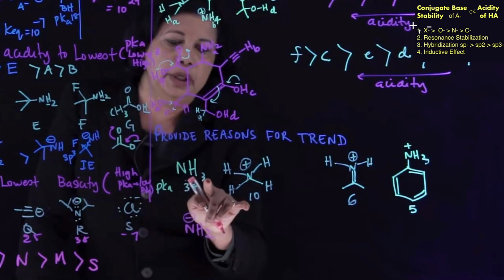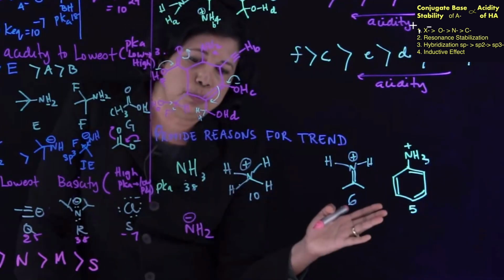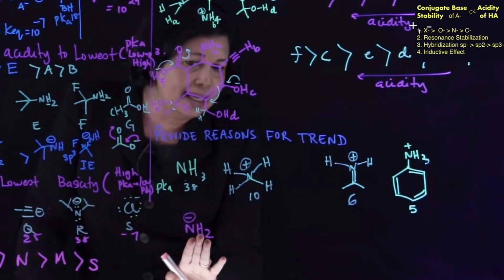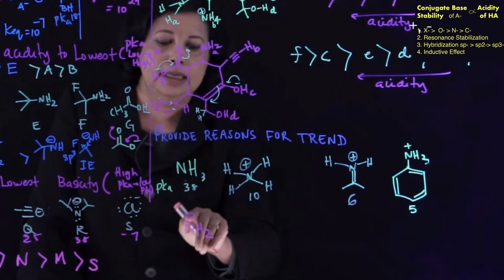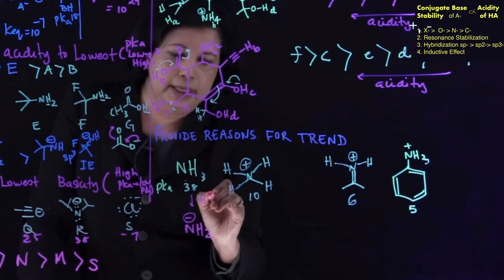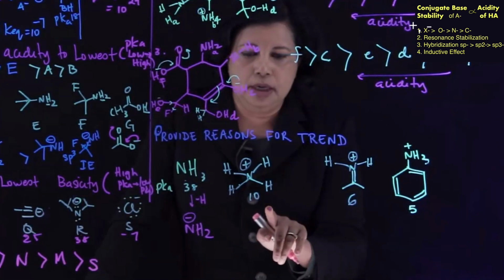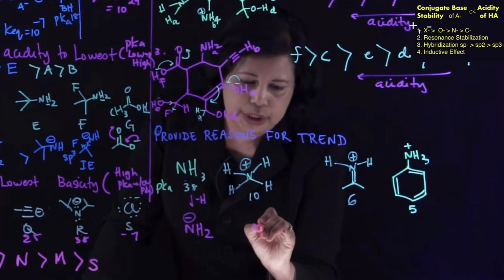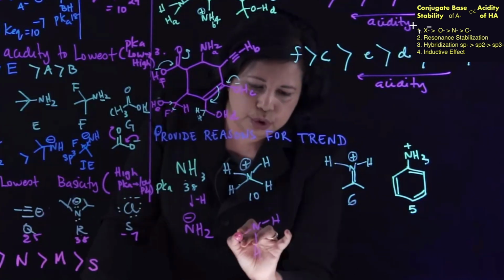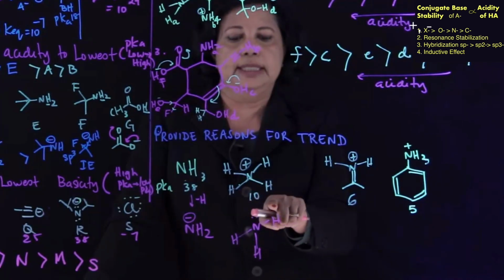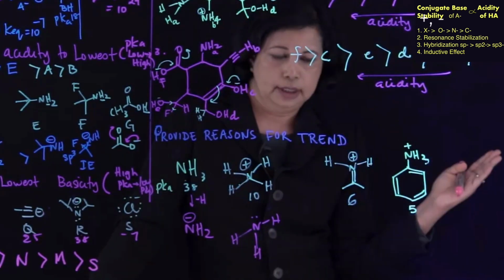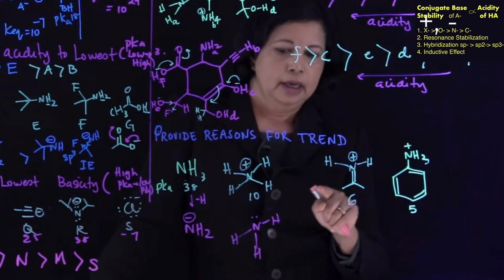So it's going from a neutral to a charged species. So it really doesn't like to do that. That's why the pKa is so high, which means the acidity is really low. If you take this one, it wants to dump that hydrogen so it can become a neutral molecule. Therefore, it's going to do that super quick, and therefore you can see the pKa is really low and it's really acidic, more acidic.